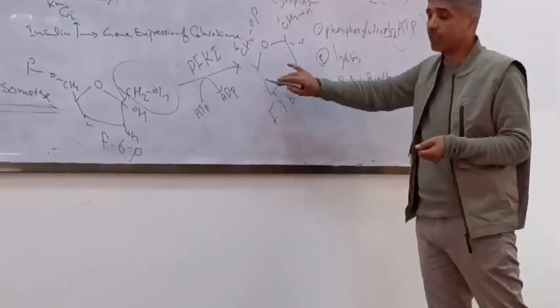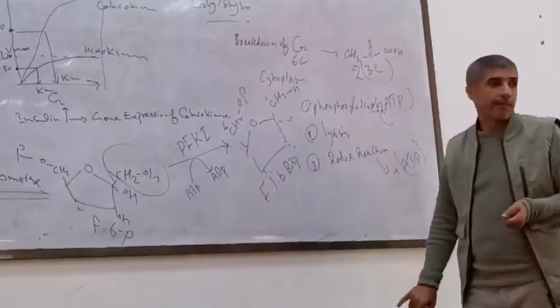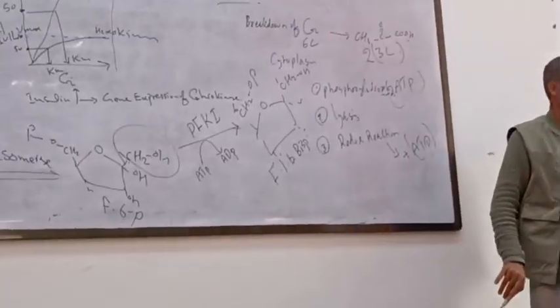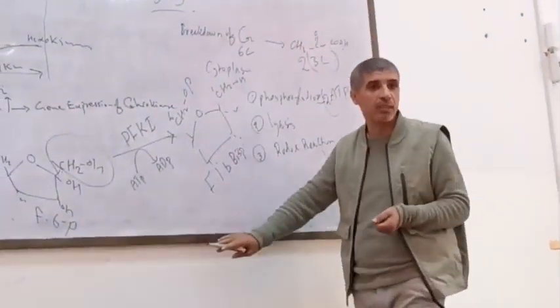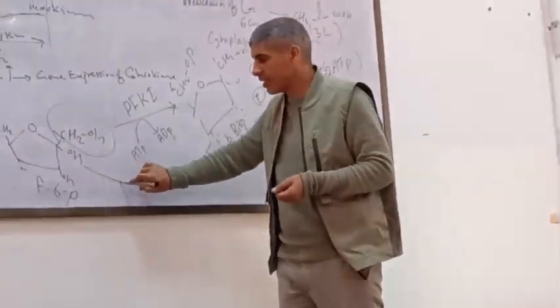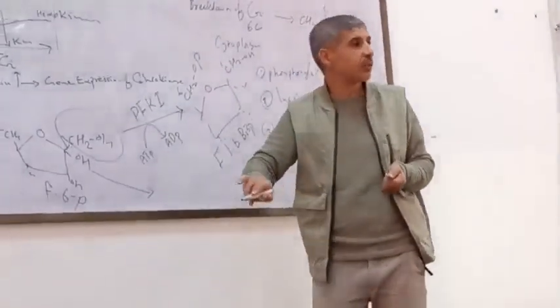Fructose 1,6-bisphosphate is made by phosphofructokinase 1. That means there is phosphofructokinase 2.